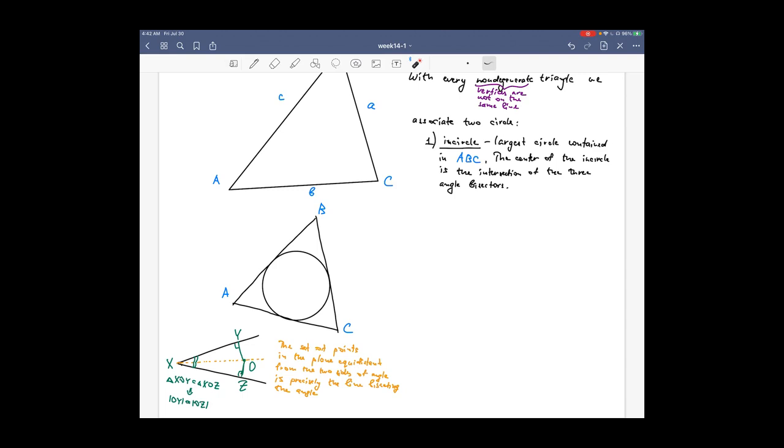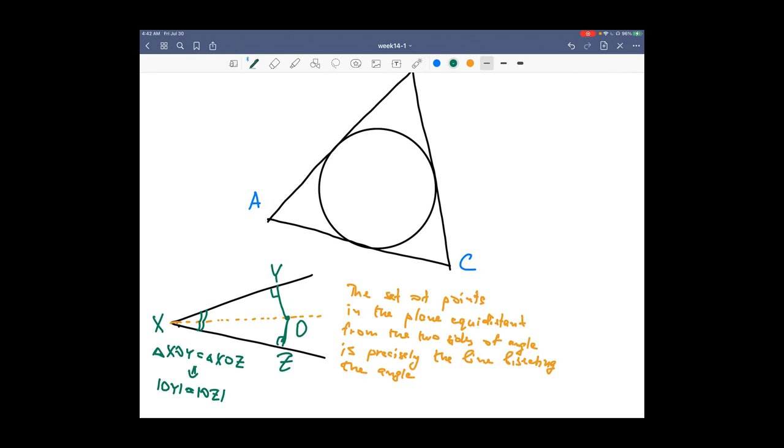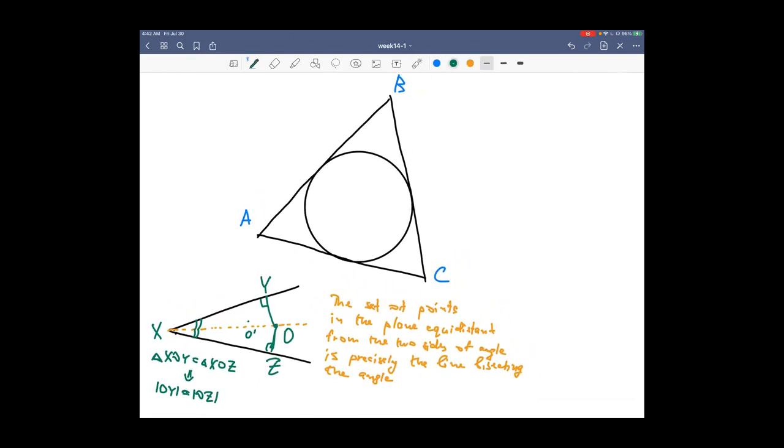The converse statement is also true. If you take any point O prime that is equidistant from the two sides, then it's easy to argue that again these triangles XO'Y' and XO'Z' are equal.